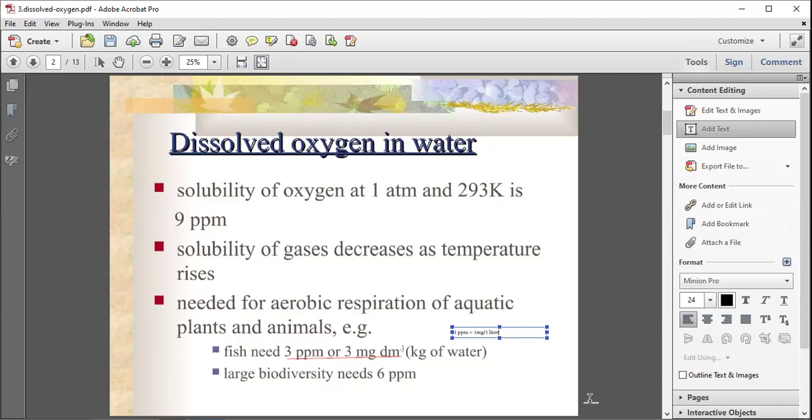So 1 kilogram is equal to 10 to the power 6 milligram. Understand? 1 kilogram is equal to 10 to the power 6 milligram.